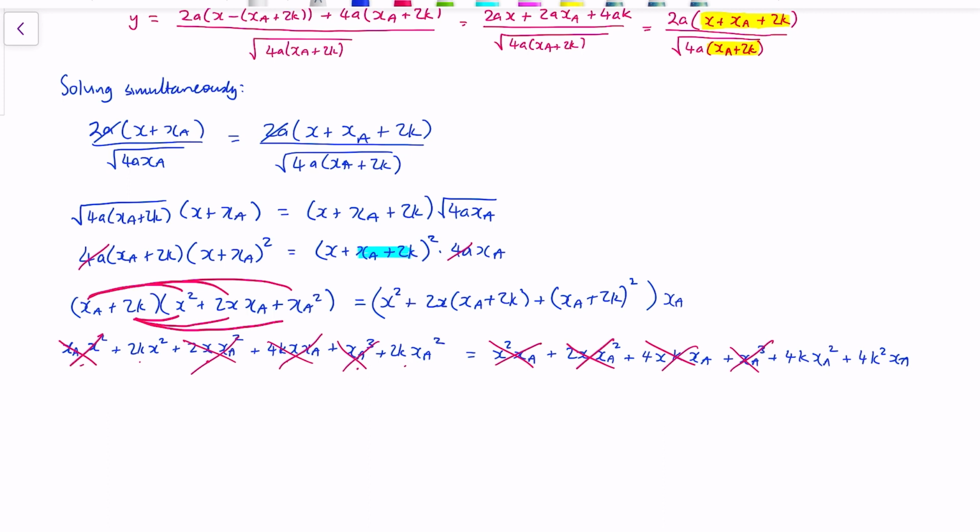Alrighty. So what was our goal? We were trying to make x the subject of this because the x value will be the x value of P, xp, the point of intersection. I'm also going to divide everything through by 2k. So x squared plus xa all squared equals 2xa all squared plus 2k xa.